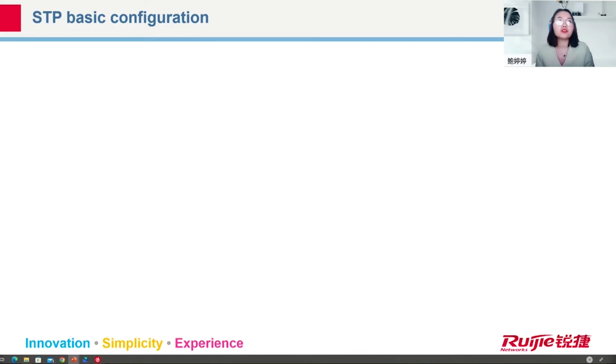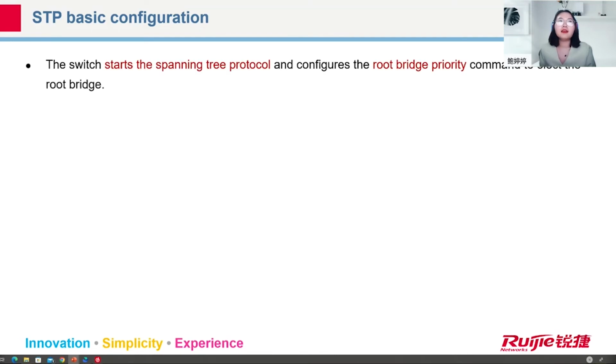STP is one of them. And we also have link aggregation. We have VSU. But you have to know the principle and then you can select which is the best solution in your network. Because about the STP parameters, we have lots, but the configuration is very easy.